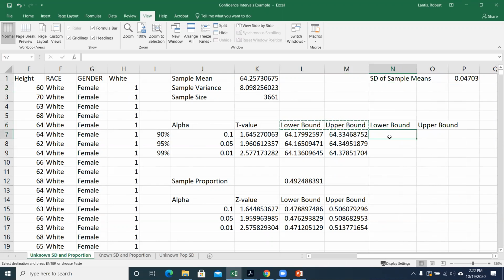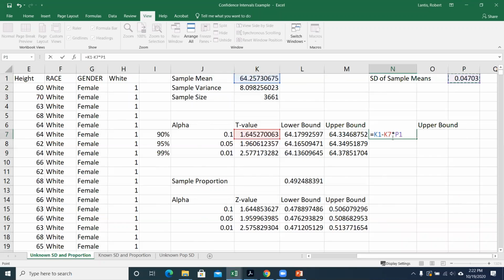My lower bound would simply be my sample mean minus the number of standard deviations away from that sample mean I want to go, multiplied by what the standard deviation of my sample means actually is. And I already had that calculated in a cell up there, right?